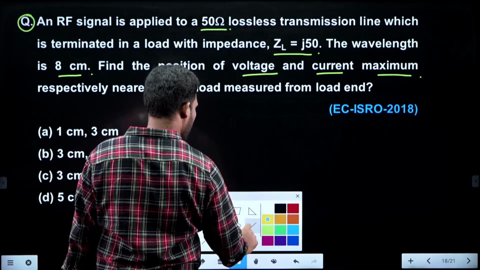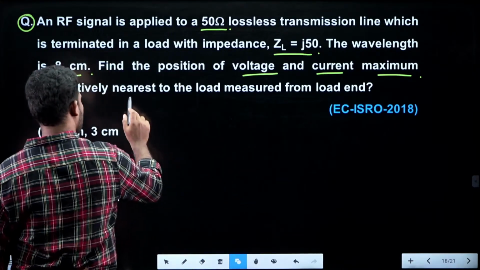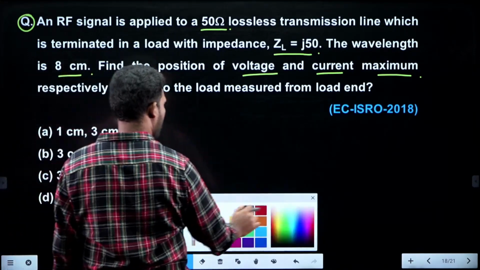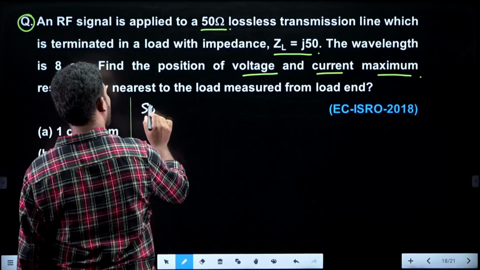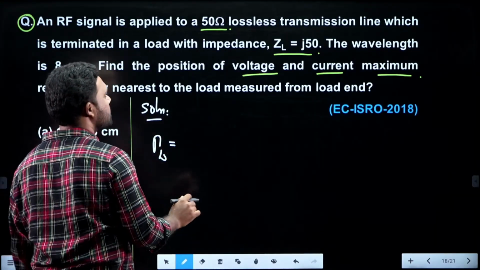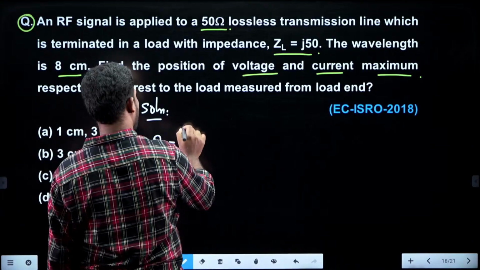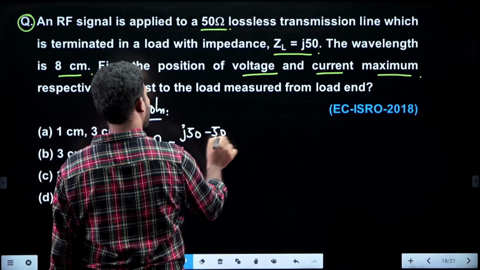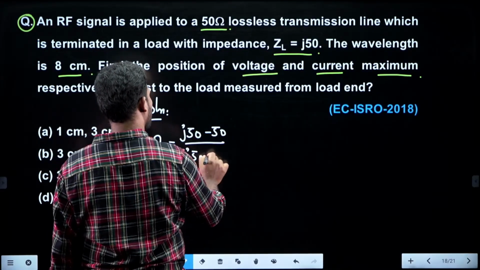So to find out the V maxima or V minima, we need the reflection coefficient. What is the reflection coefficient, guys? ZL minus Z0 by ZL plus Z0. It is j50 minus 50 divided by j50 plus 50.